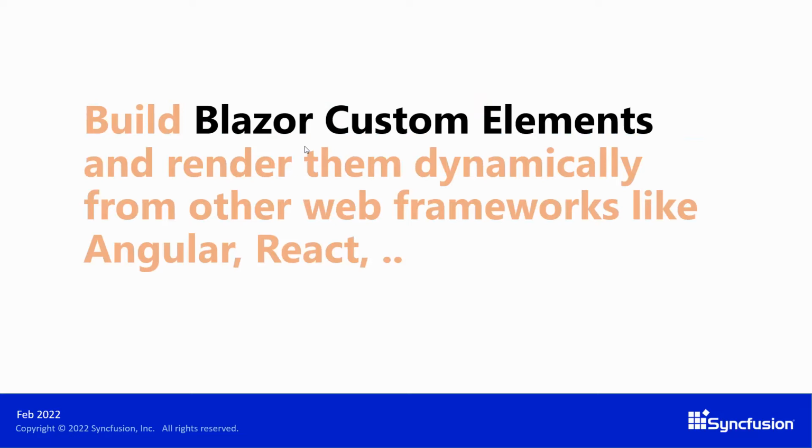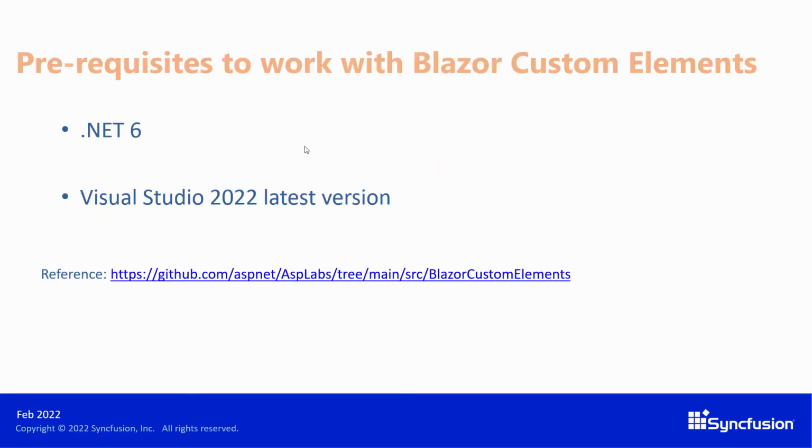And now next we'll see how to build a simple Blazor custom element and use it in a simple Angular project. Before starting with the project creation, let's see the prerequisites to work with the Blazor custom elements.